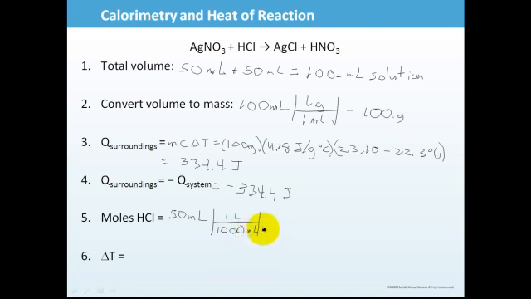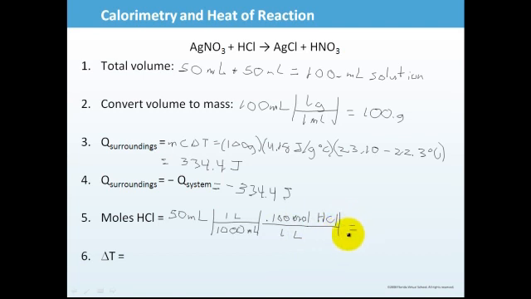So if we divide by 1,000, that gets us our liters. Then we can use the molarity. Back at the original problem, we were told we had a 0.1 molar solution. So that means 0.1 moles of HCl per 1 liter of solution.